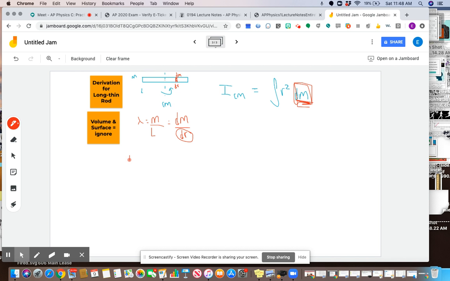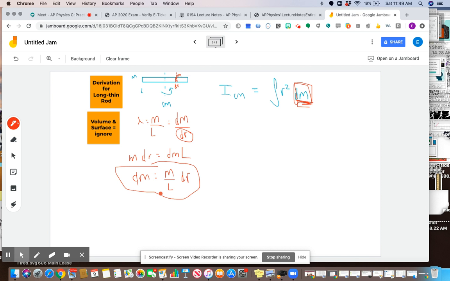So I'm going to have m dr is equal to dm times L. I want dm by itself, so I'm going to divide both sides by L. I have that dm equals m over L times dr.